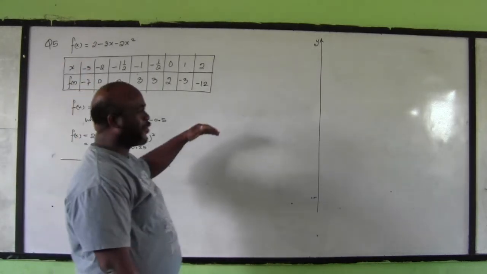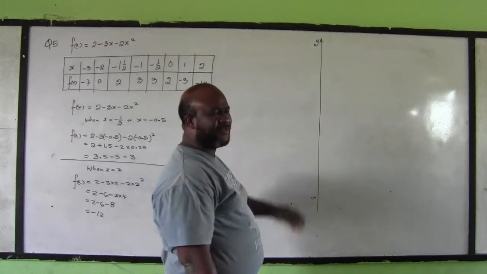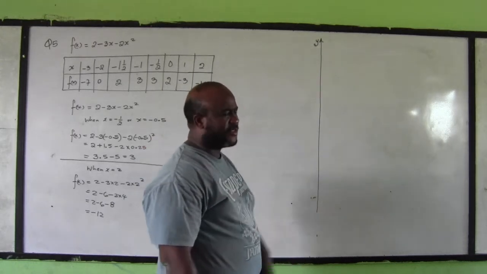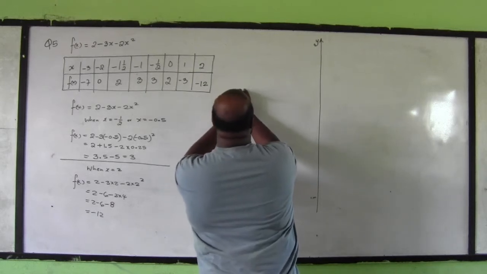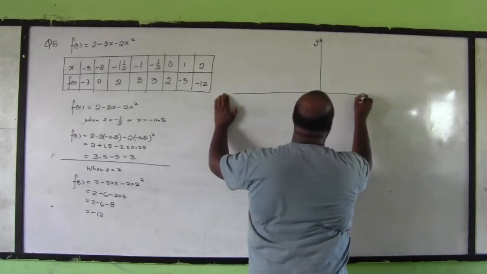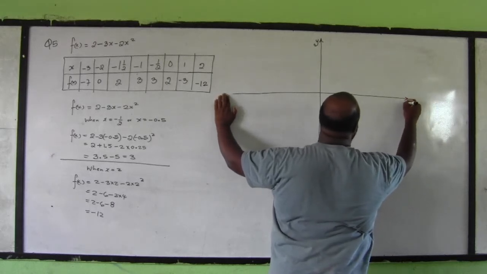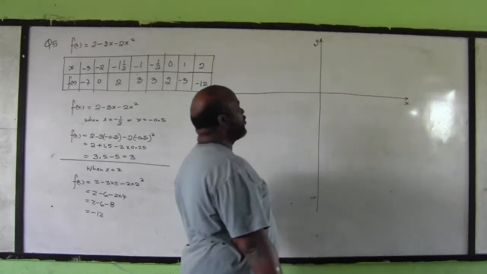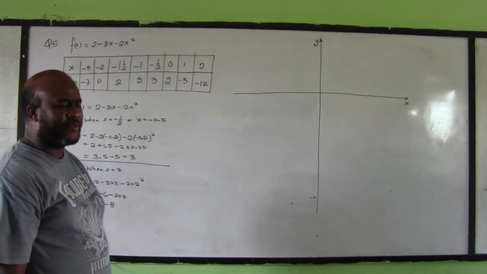So I will make it about 6 centimeters down, then you draw your horizontal axis. You need more space at the bottom. This is my x-axis. You must always draw your axes on a major grid line.